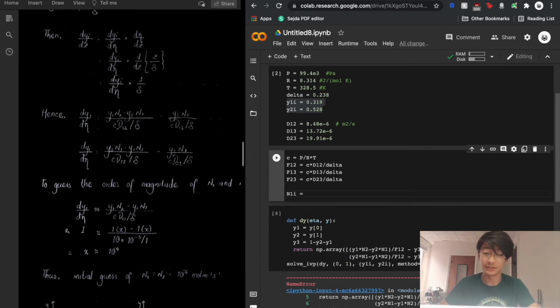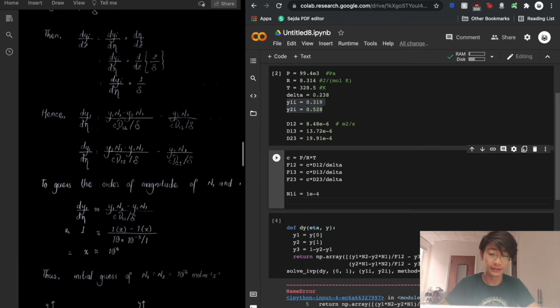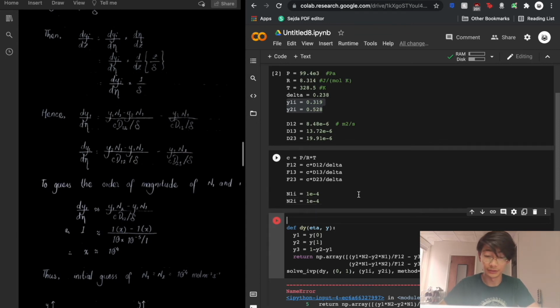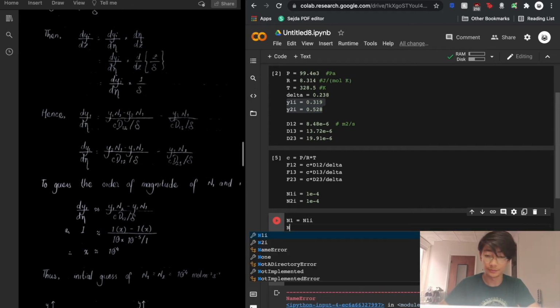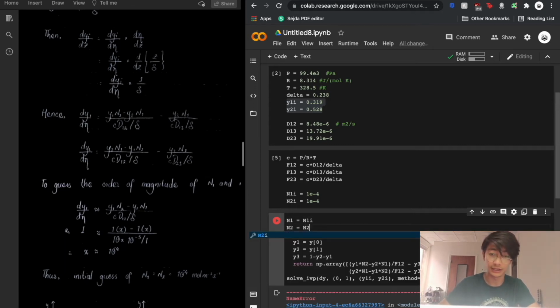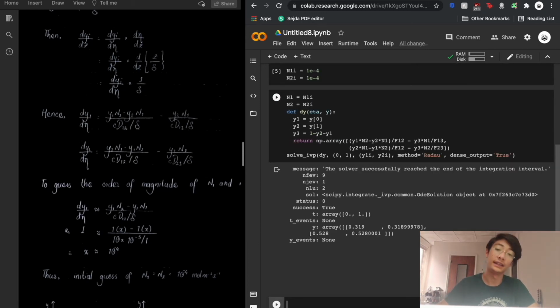We've already established that our initial guess is going to be 10 to the negative 4, so 1e-4 for n1i, and n2i is also going to be equal to 1e-4. Let's run that, and we'll set n1 equal to n1i, and n2 equal to n2i. So let's run that, and there we have it.